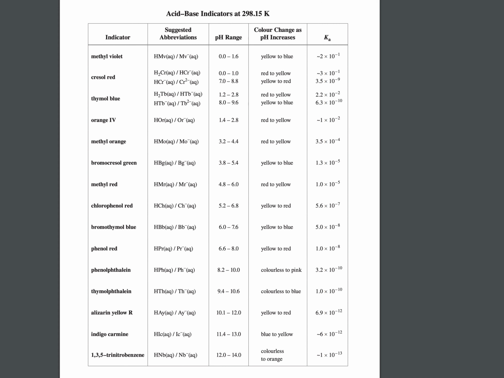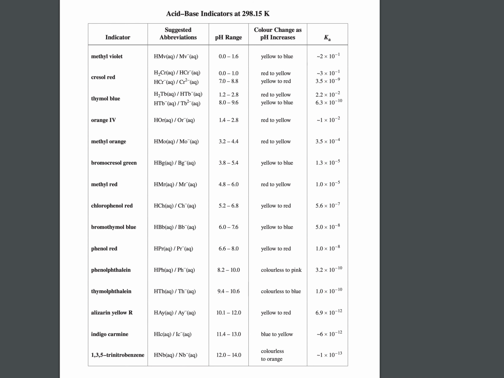If I put it in a solution with a pH above 2.8, it will have a yellow color. Well, what if I put it in the middle, though? What if it's 2.0 for the solution? Well, what's between red and yellow? Orange. And that's actually where this particular indicator gets its name. The middle range for orange 4 is orange.